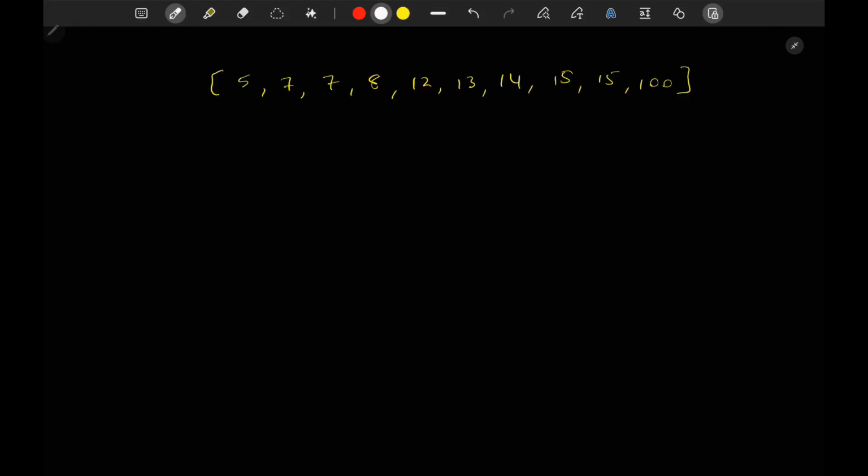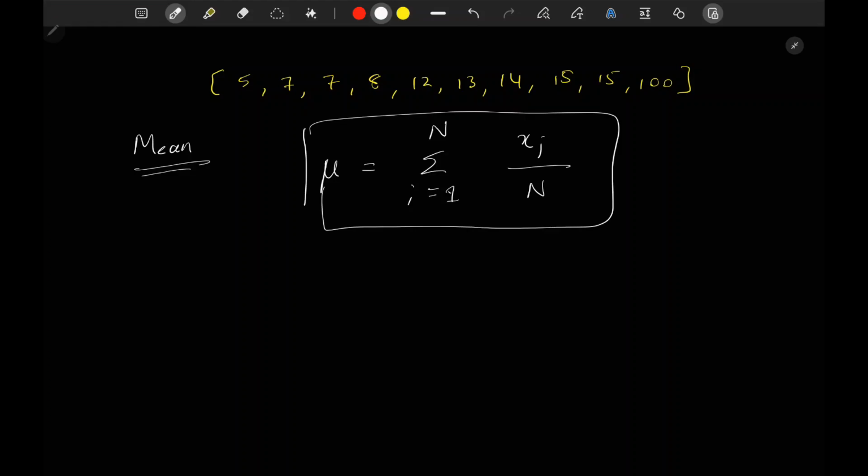So here we have a set of values. In order to calculate the mean in this set, the formula of mean is mu equals summation i equals 1 to capital N of xi divided by capital N. This is the formula of mean.